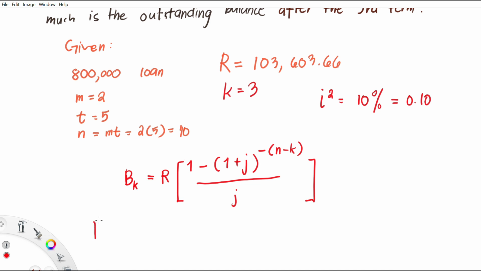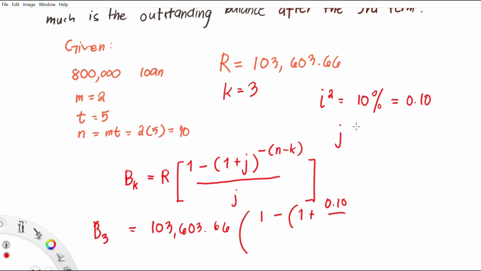So we have B sub 3, the third term, equals 103,603.66 times 1 minus (1 plus 0.10 divided by m, if you remember, j is equal to i super m over m, so this is 2) to the power of negative (n, which is 10, minus the third term k) all over j, which is 0.05.